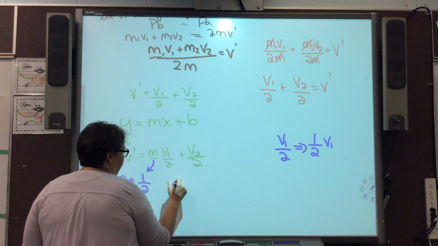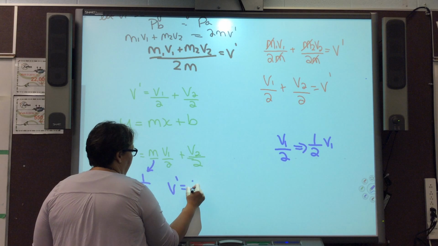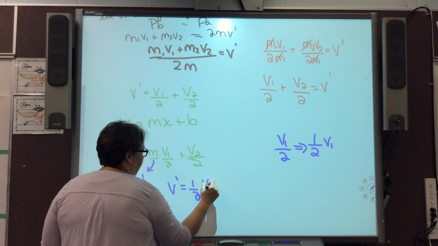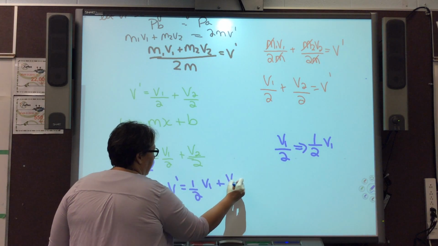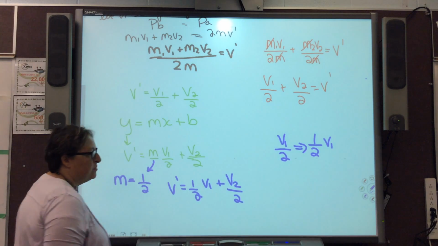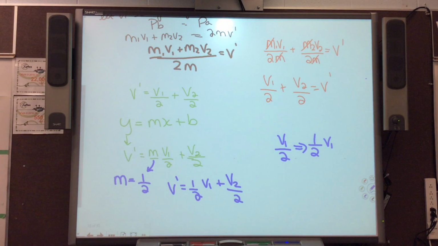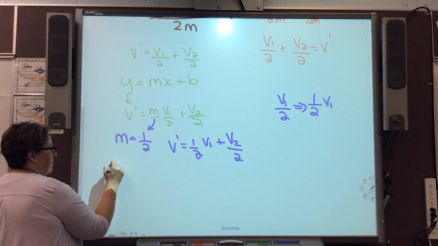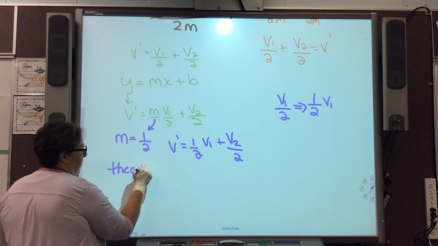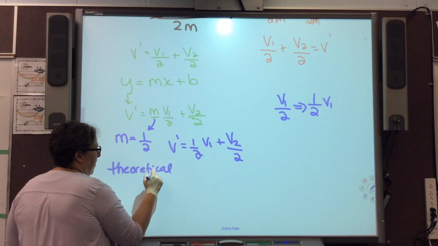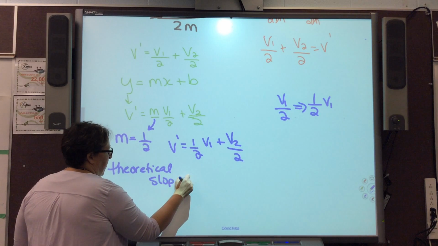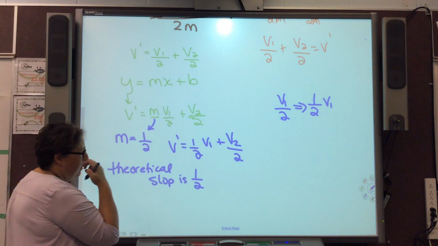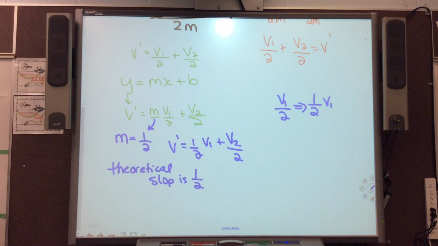Now we have v prime equals 1/2 v1 plus v2 over 2. Does that make sense? So that's our slope. Our slope is 1/2. That's question number 1.